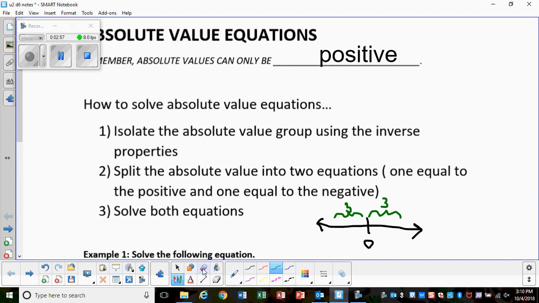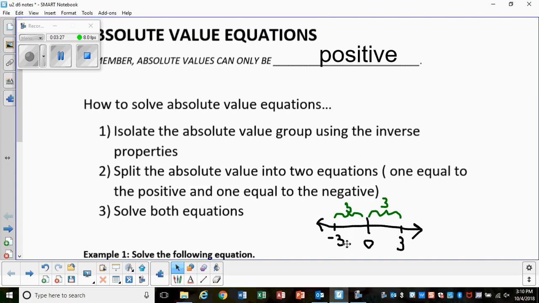Both the positive of that number, 3, and the negative of that number have a distance of 3. So because there are two sides to 0 and we're talking about distance, that's why we get two equations. That's why one is equal to the positive number 3 and one is equal to the negative number negative 3.